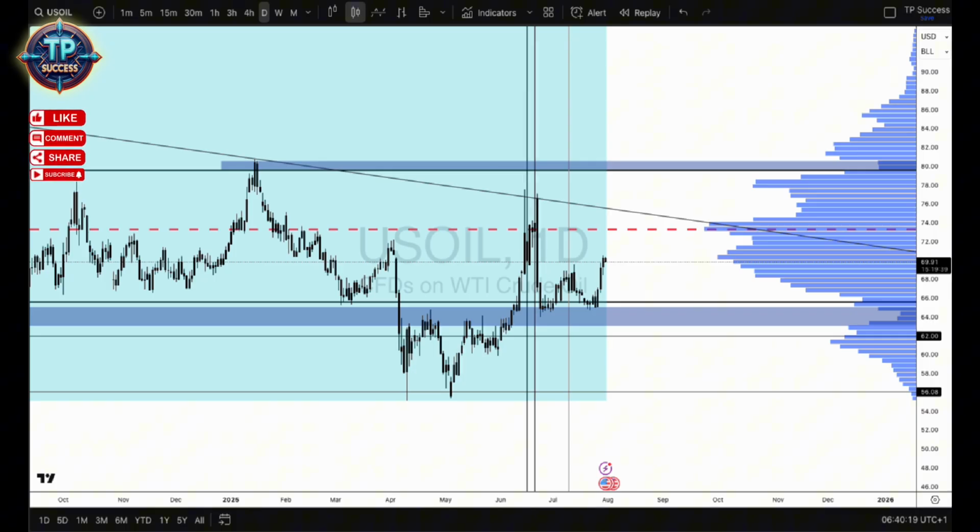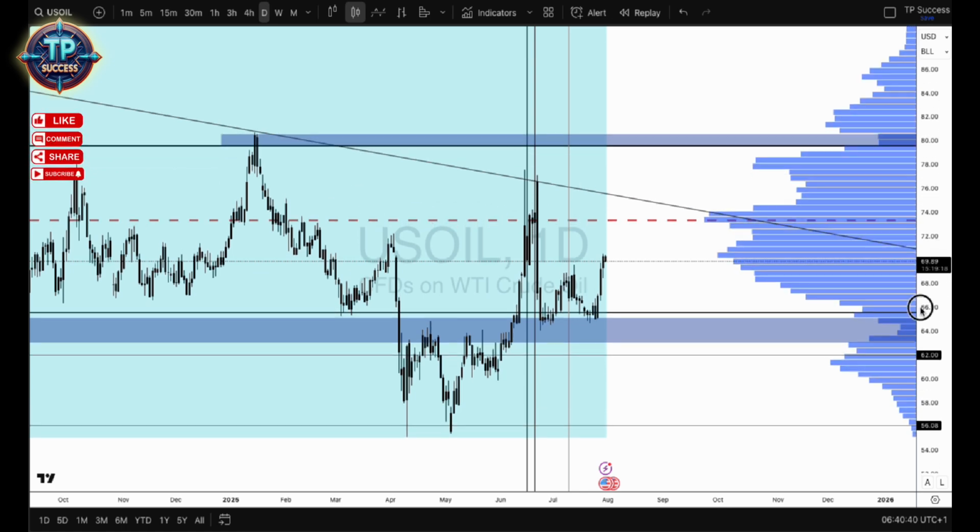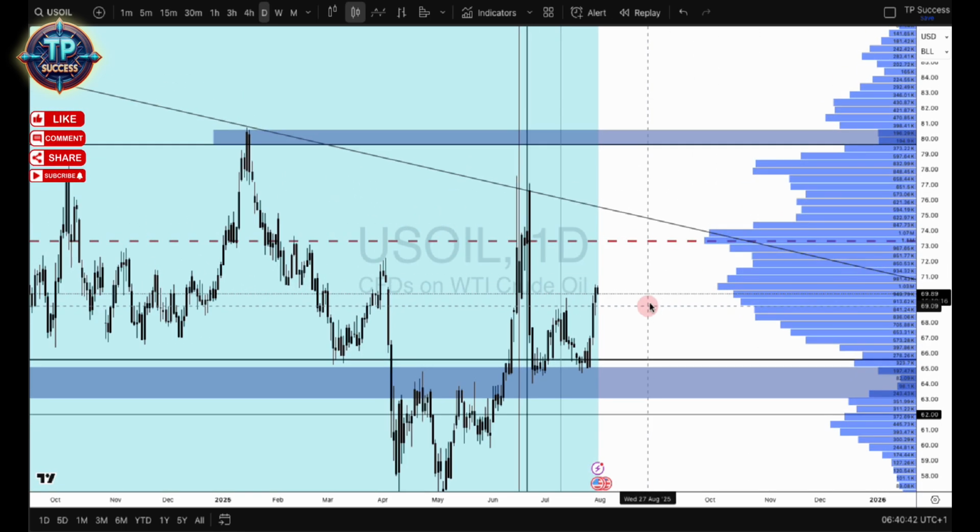But however, when it comes to taking sales, we have the perfect opportunity. And that opportunity is this. We want to see price, so I'm going to draw another zone.